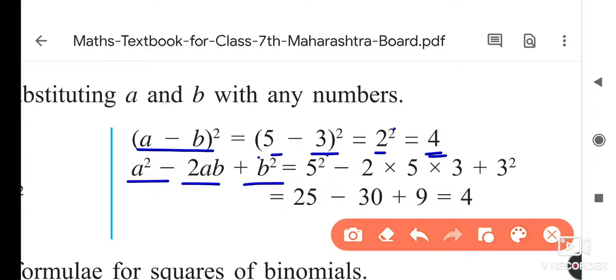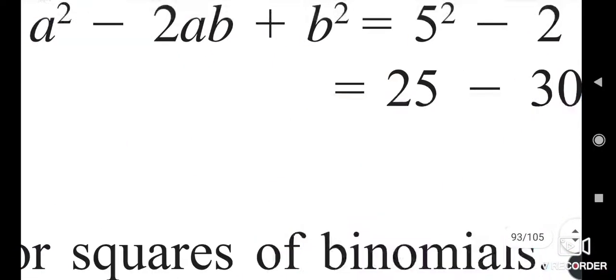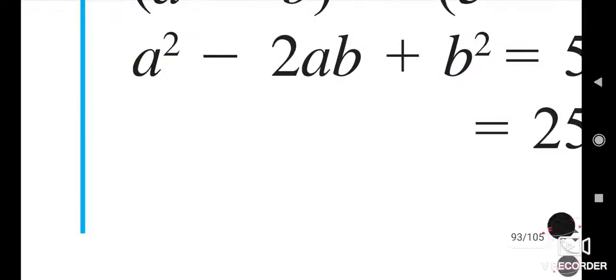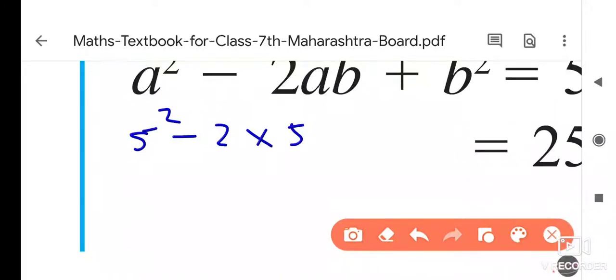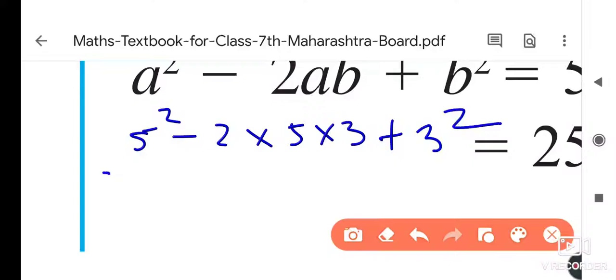Now by using the formula we will check. a square means 5 square. I will show you, here I will solve. 5 square minus 2 into a, which is 5, into b, which is 3, plus b square, which means 3 square. So 5 square is 25, 5 times 3 is 15, 15 times 2 is 30.